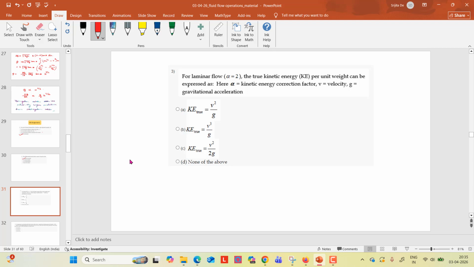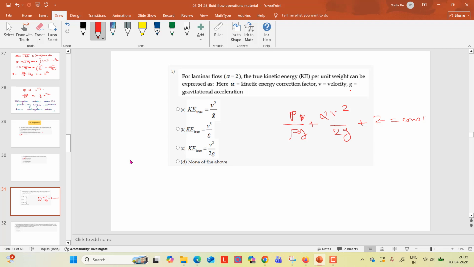So from the Bernoulli's equation, you know that it is P by rho g plus alpha v square by 2g plus z equals constant, right? There is alpha here. So this is the kinetic energy parameter. So alpha is 2 for laminar flow and less than 2 for turbulent flow, right?